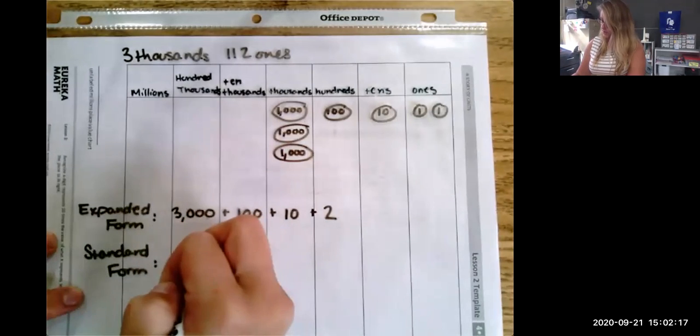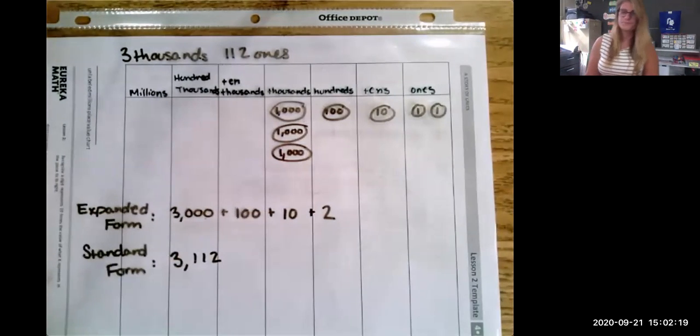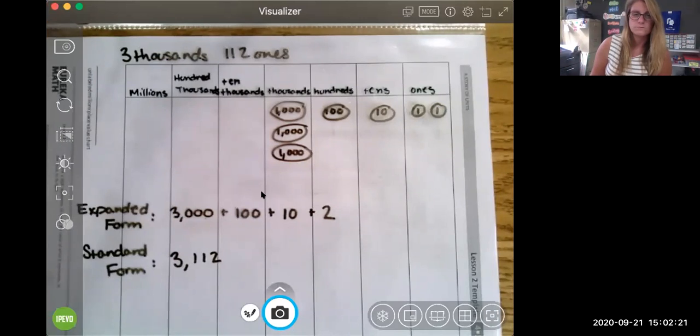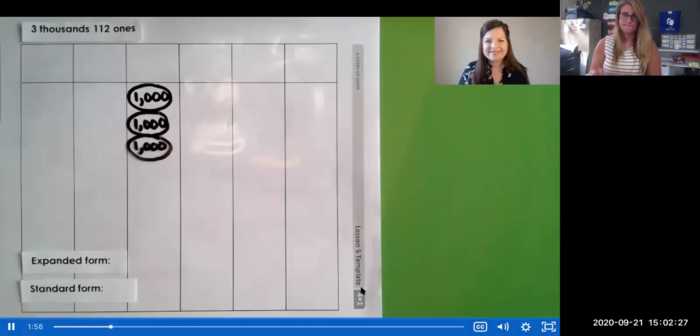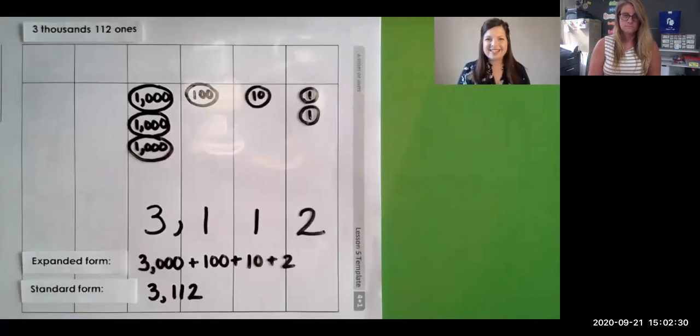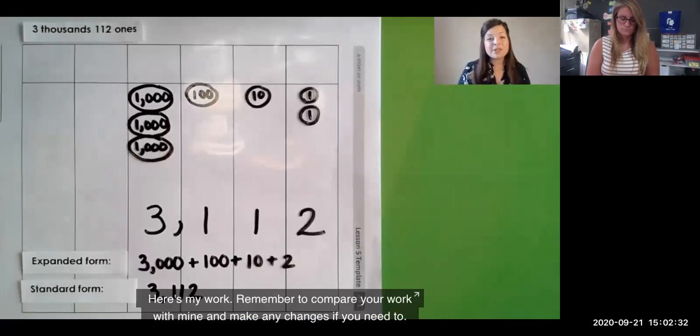Standard form is just the number written in a regular way. So that would be 3,112. Here's my work. Remember to compare your work with mine and make any changes if you need to.